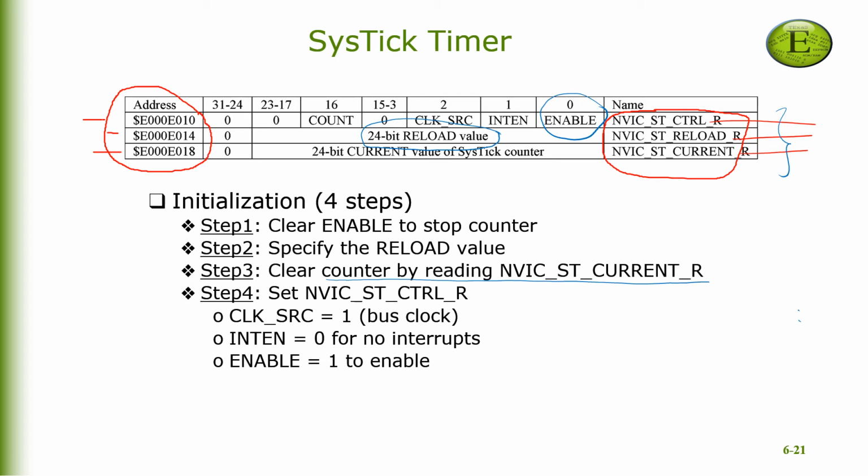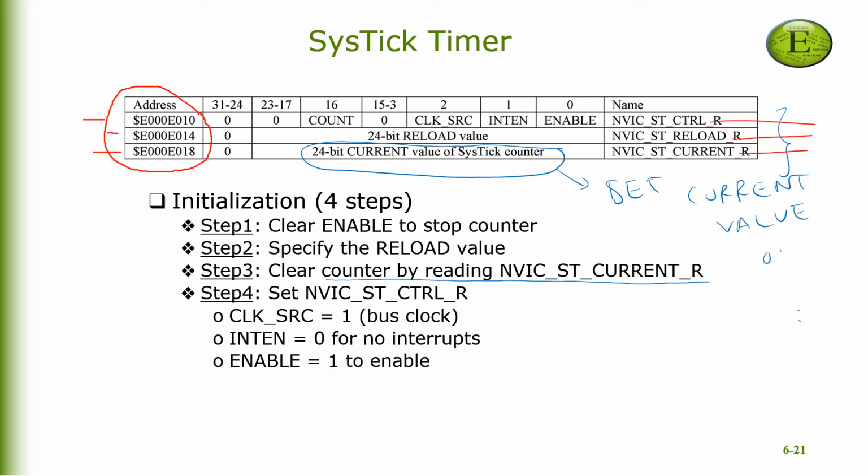Clear counter by reading the NVIC current register. Now we are talking about the third register over here. All we have to do is reset the current value of the timer.